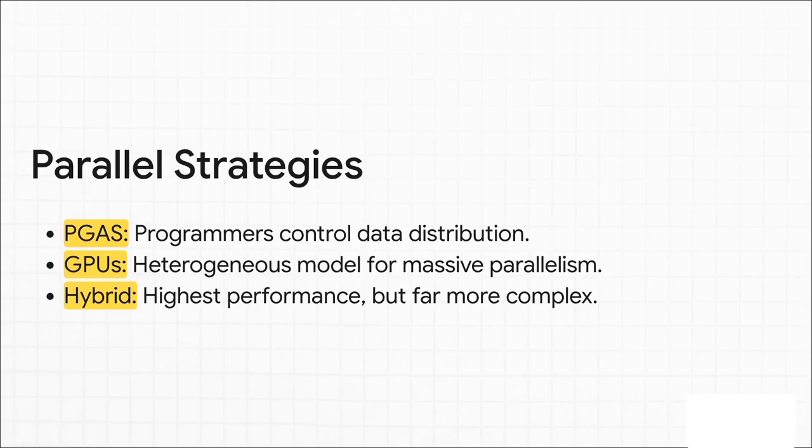There's something called PGAS, that's Partitioned Global Address Space, where programmers basically act like traffic cops, telling the data exactly which core to live on. Then you've got GPUs, which we're about to get into, that have a totally different way of handling massive parallelism. And for the folks on the absolute cutting edge, there are hybrid models that mix everything together for the best possible performance, but they are incredibly complex.